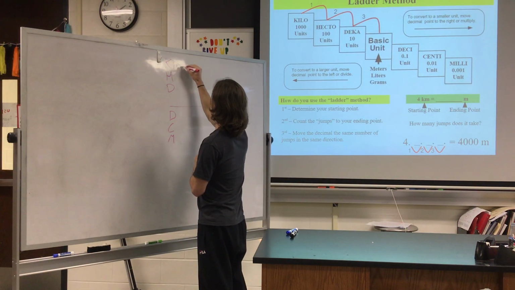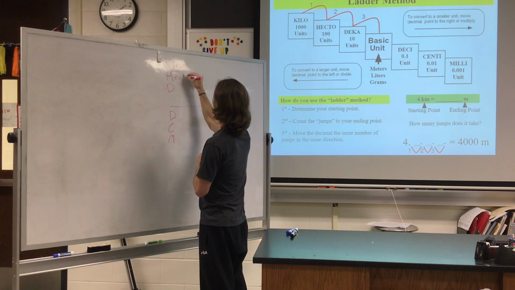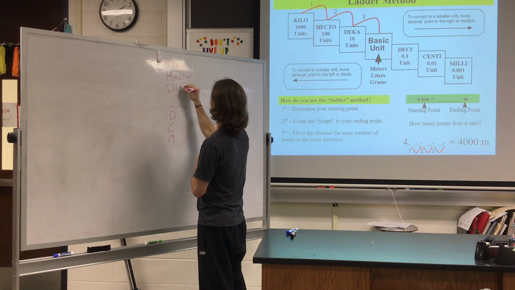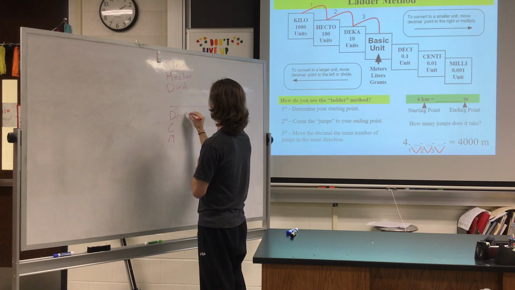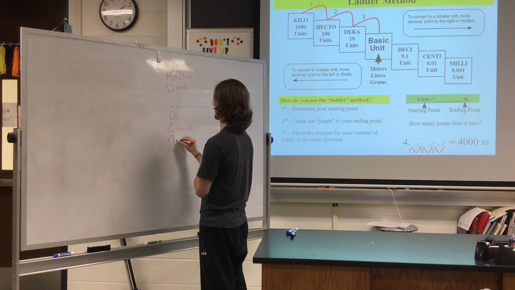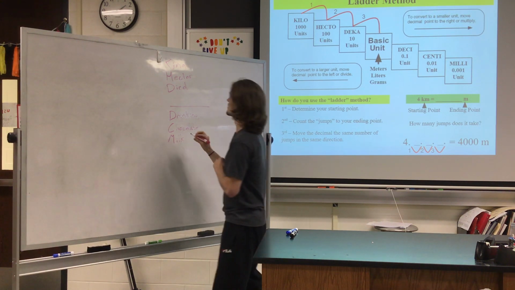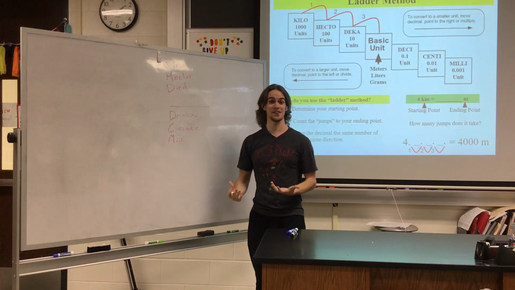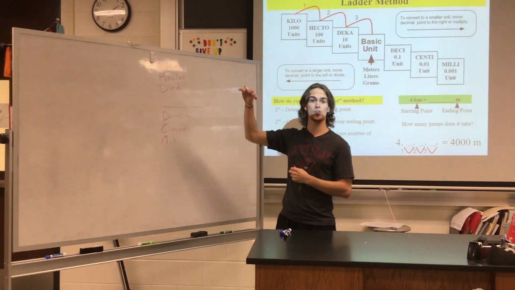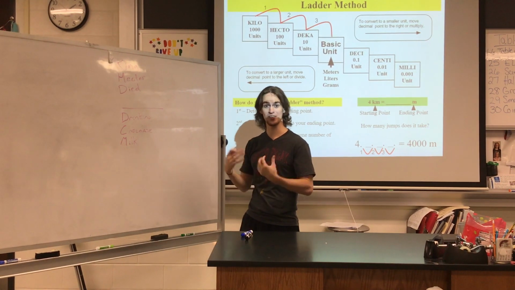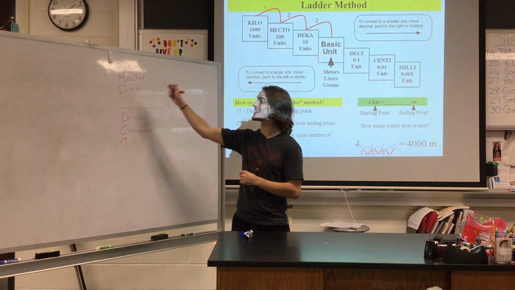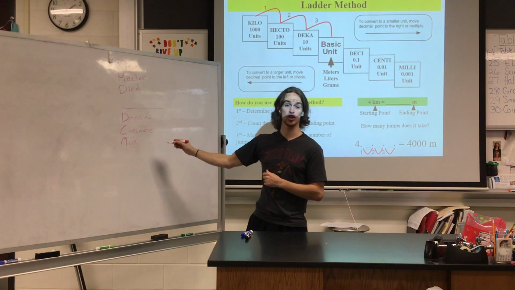So Mrs. Bowen taught me King Hector died, and then our base unit, drinking chocolate milk. This is a mnemonic device to help you remember the order in which the ladder method uses. So when it comes test time and you're struggling to think of it, remember, King Hector died drinking chocolate milk.